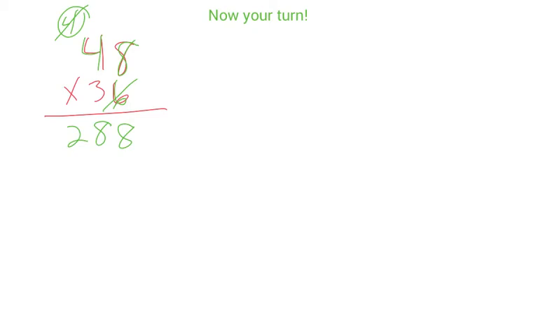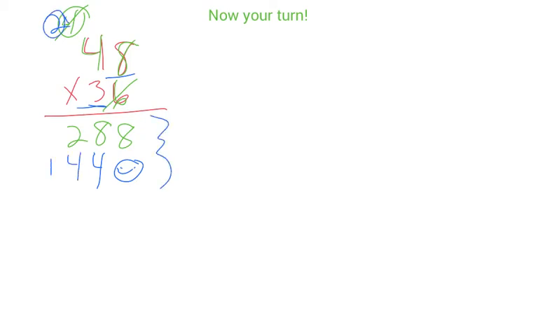So next I'm going to make sure I put my smiley face 0 as my placeholder, because now I'm multiplying 48 by 30. So if I'm multiplying 48 by 30, I know that a 0 is automatically going to be in the ones place. So now let's look at it. 48 times 3. So 3 times 8 is 24. 3 times 4 is 12, plus 2, 14.